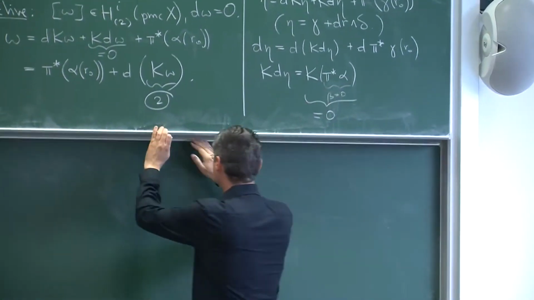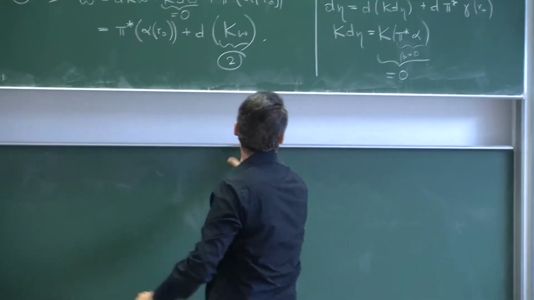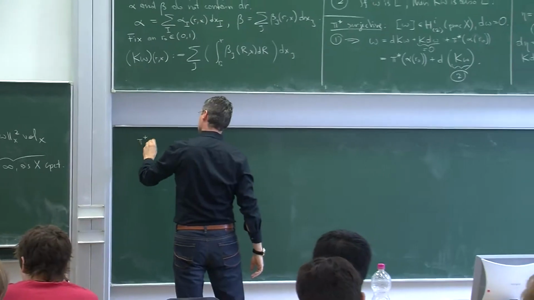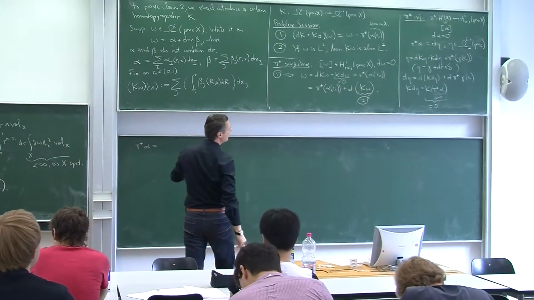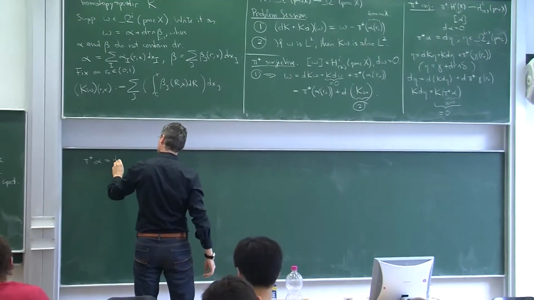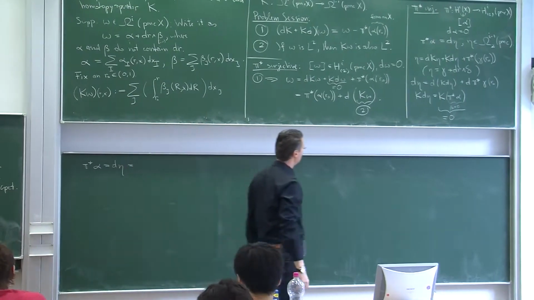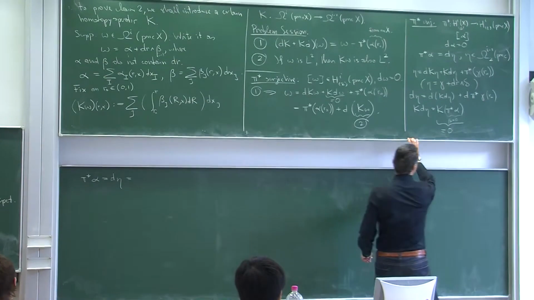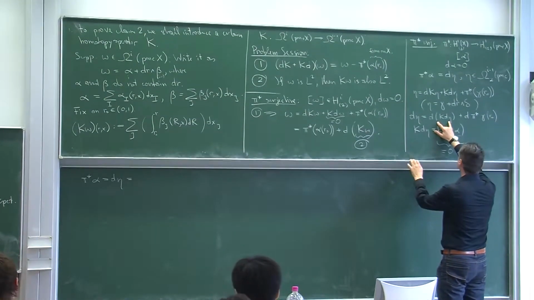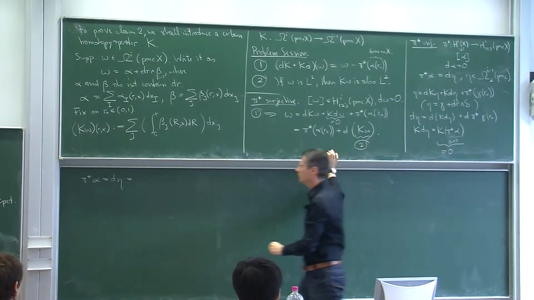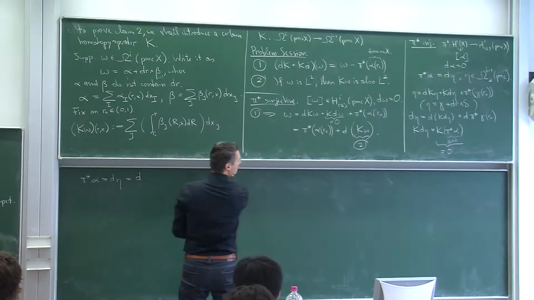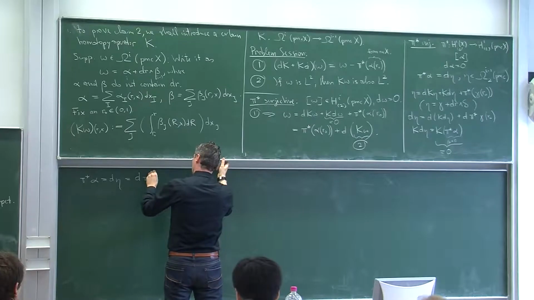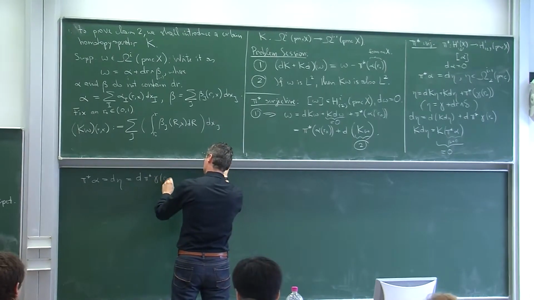Therefore, I see pi star alpha is equal to d eta, and this is equal to, well, now this term also goes away, so the only thing that remains is this one. So it's d of pi star of gamma R0.